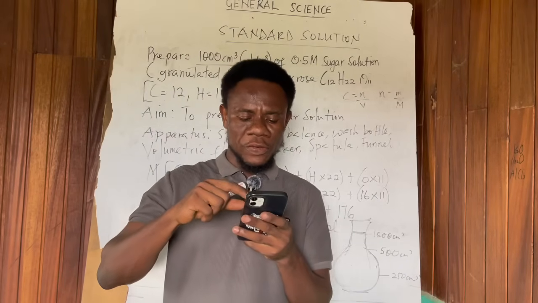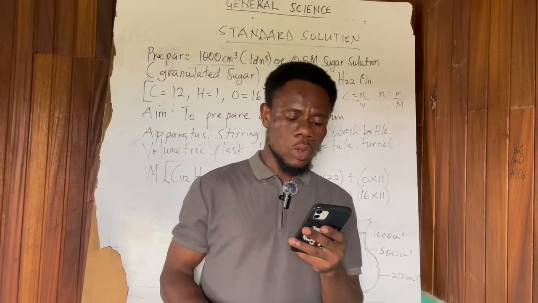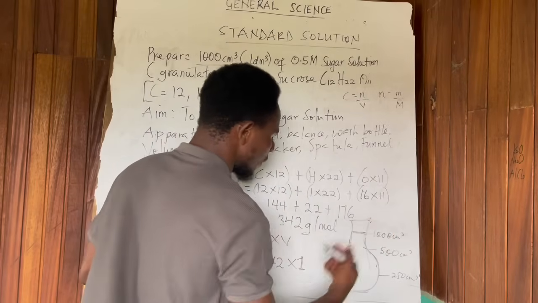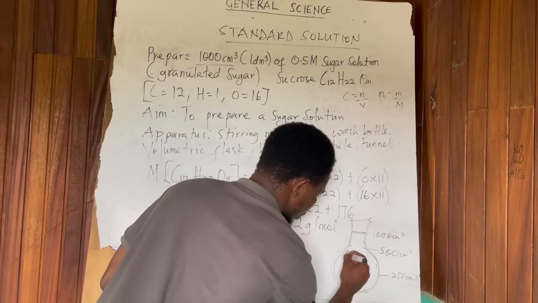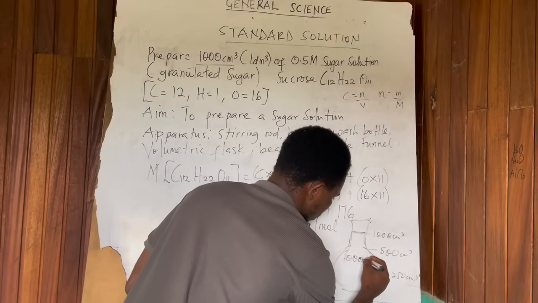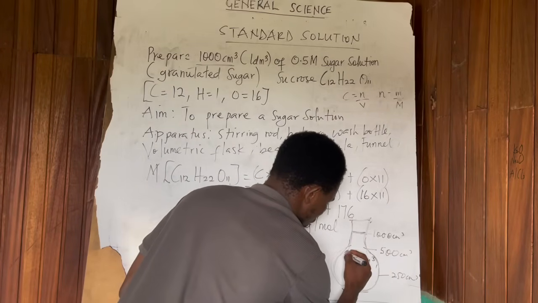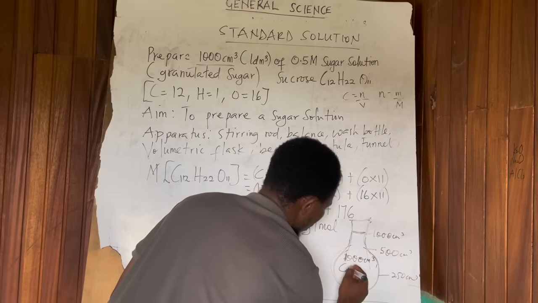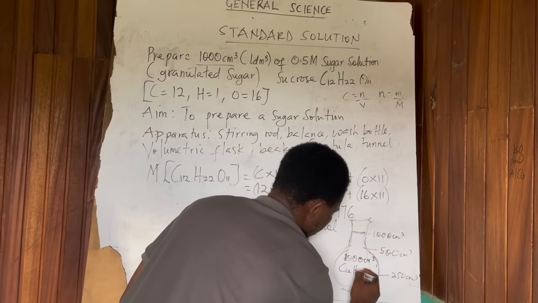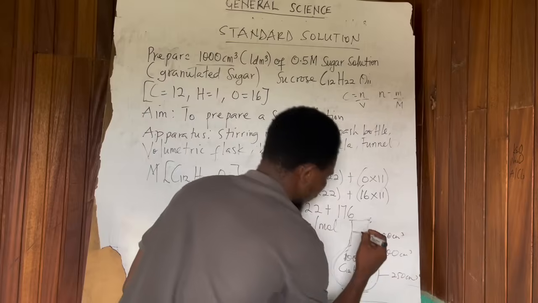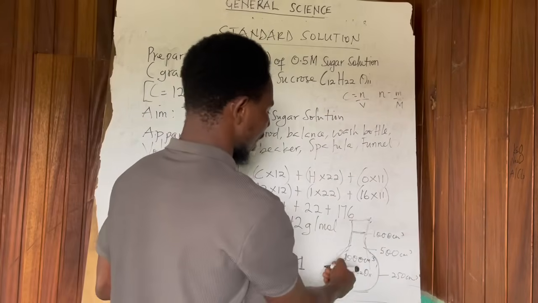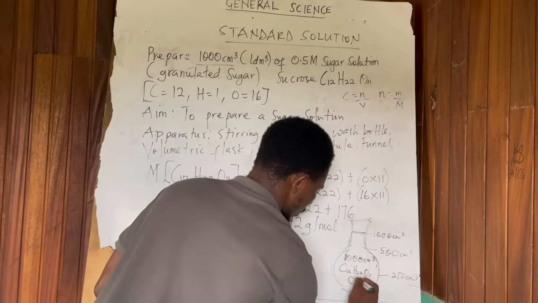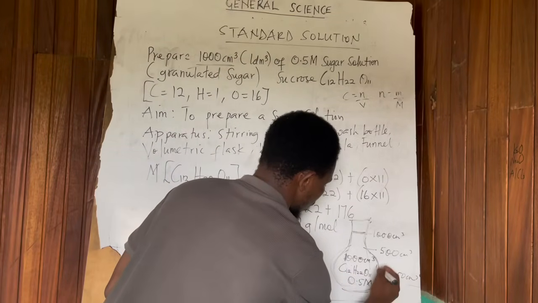After that, you label the container with the concentration. So you label it: 1000 cm cubed C12H22O11, this is sugar solution, 0.5 molar solution.